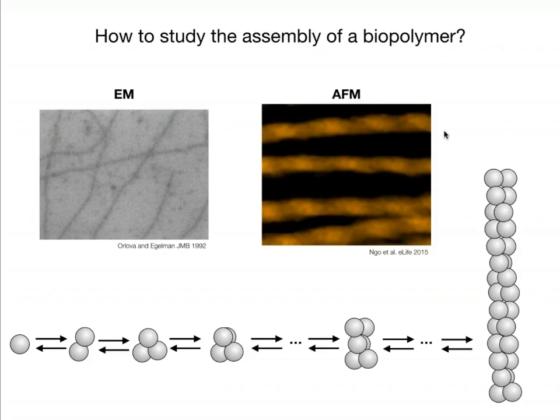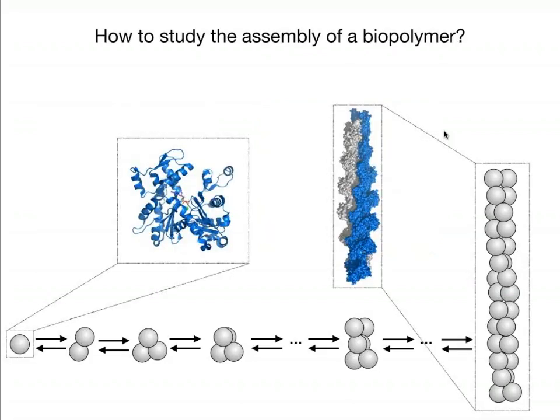And more recently with high-speed AFM, it's even possible to record these things dynamically. Even more recently, it has also been possible to generate an atomic model of an actin filament using cryo-electron microscopy. And earlier it was already known what the atomic structure of a monomeric actin looks like from X-ray crystallography studies.